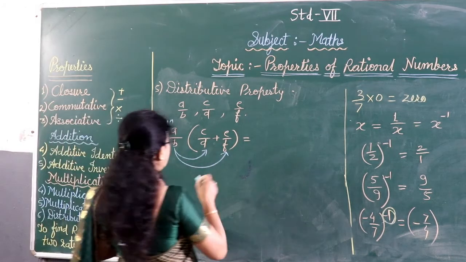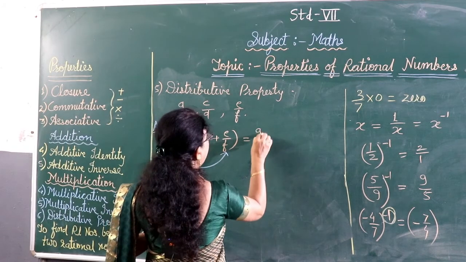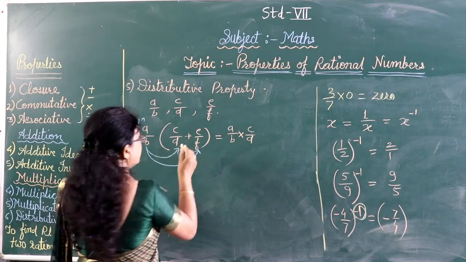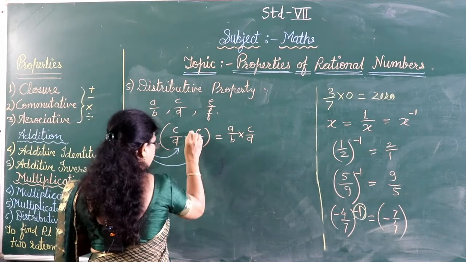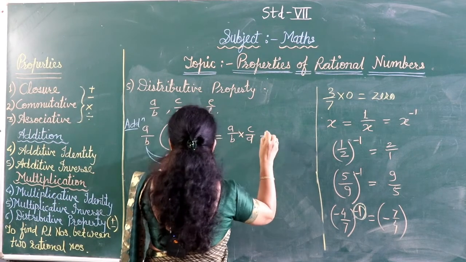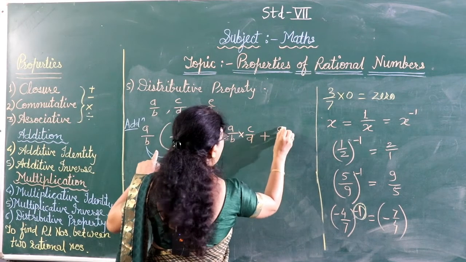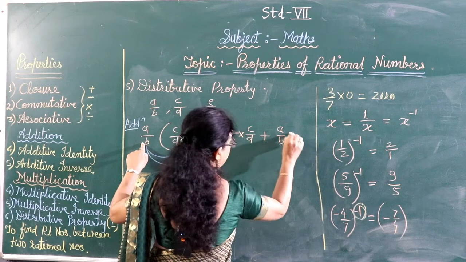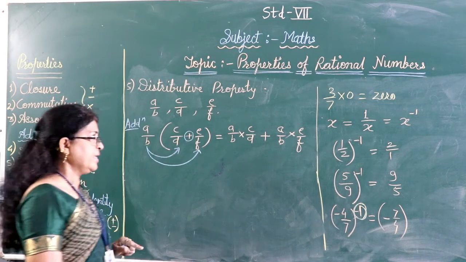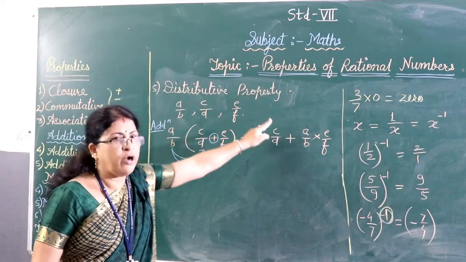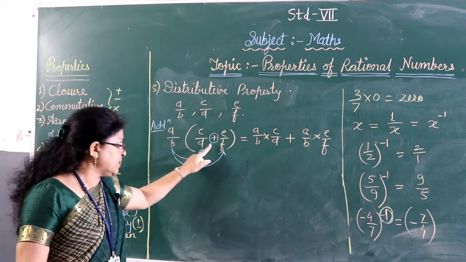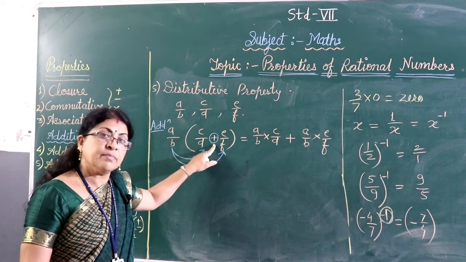You will write A by B multiplied by C by D, then plus, and then A by B, the same number, multiplied by E upon F. So this is called the distributive property of multiplication over addition. Why over addition? Because in the bracket the sign given is plus.